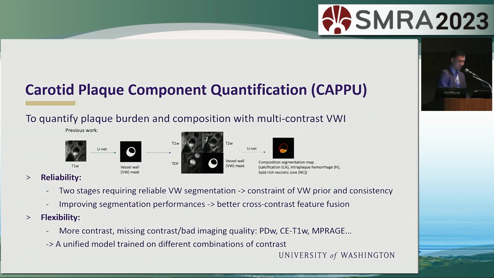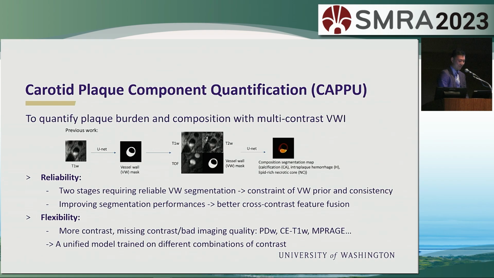And in terms of flexibility, as we all know, most networks require the test-time input to be identical to the training set. But in real-world practice, sometimes there will be more contrasts than the training set, or there will be missing contrasts or bad imaging quality.